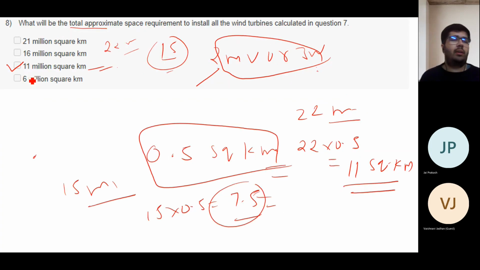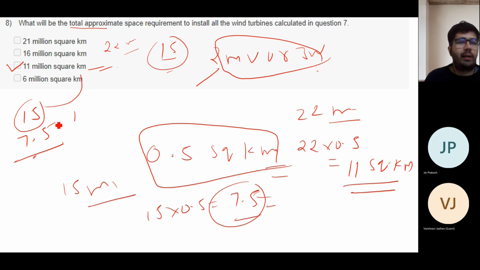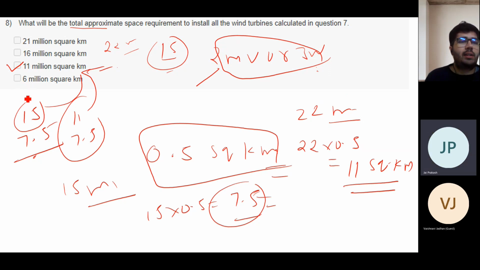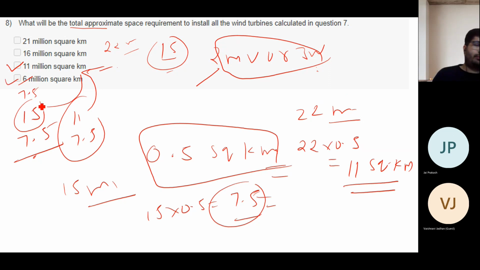When you check the options, there are two answers, 11 and 7.5, but only 11 is there. That's why only option C is correct. If instead of 6 there were 7.5, then 11 and 7.5 would both be correct.